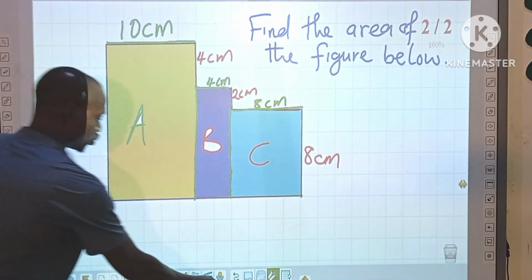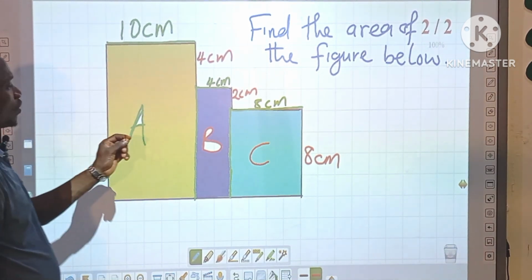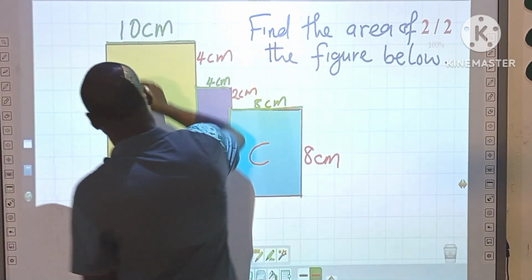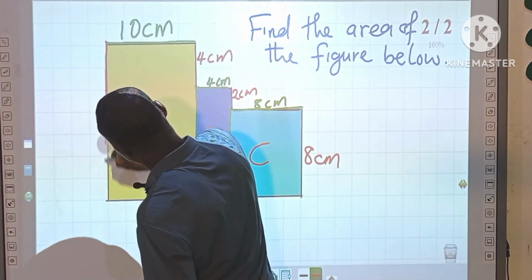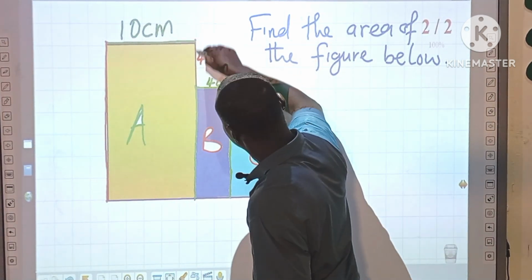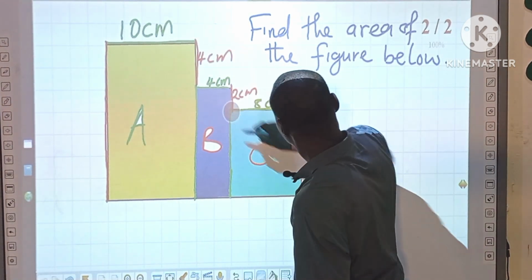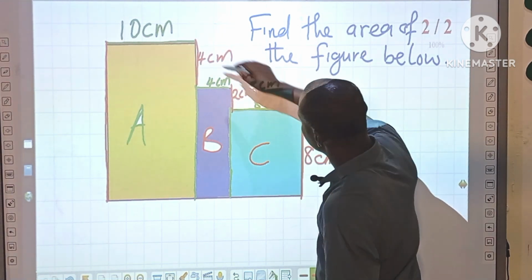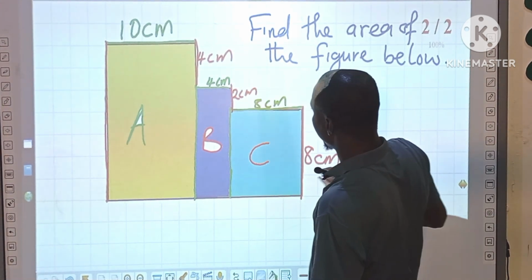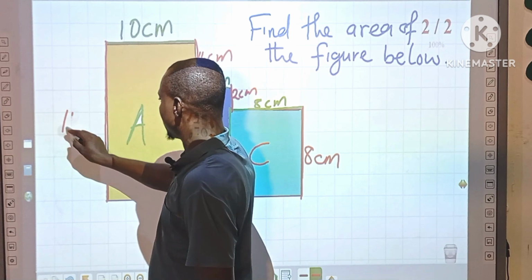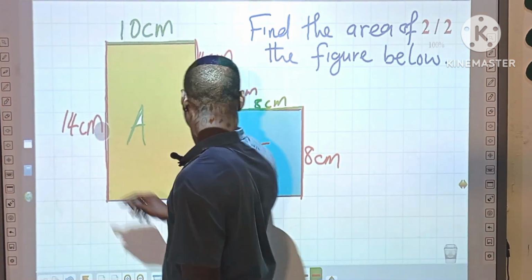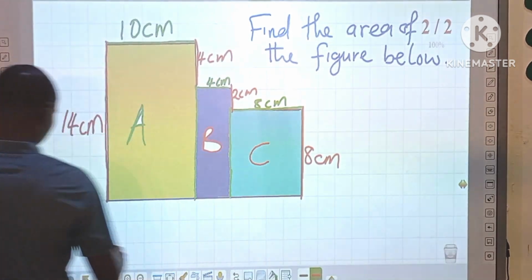Now, the next thing we must do is to determine the length and the breadth of these 3 shapes. For the length of shape A, it is equal to this length plus this. So what we have there is 4 plus 2 plus 8, which simply gives us 14 cm. Now, area of A will be easy.